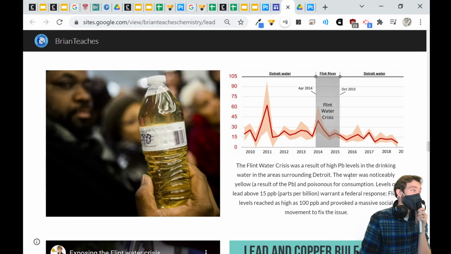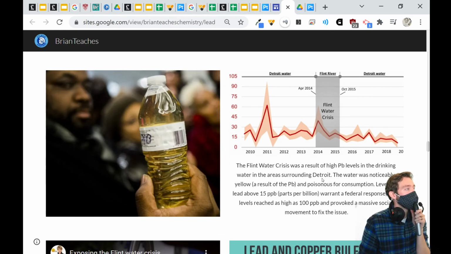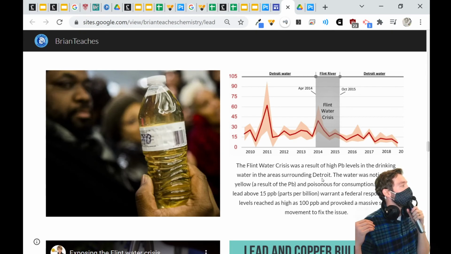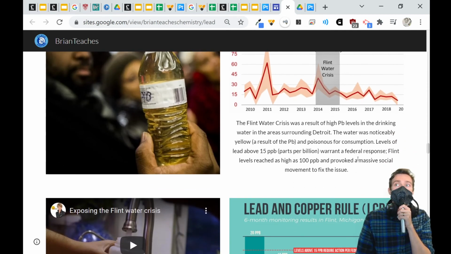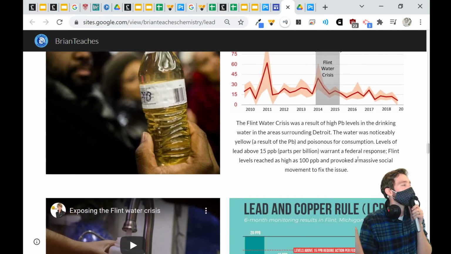But lead legitimately is a problem in Flint, Michigan. Have you guys heard about the Flint, Michigan water crisis? So in Flint, Michigan, they had this issue where they swapped the treatment and it just caused all of this lead. It was disgusting. And, well, it became a social issue because it's near Detroit.